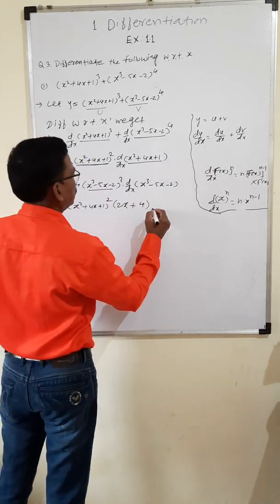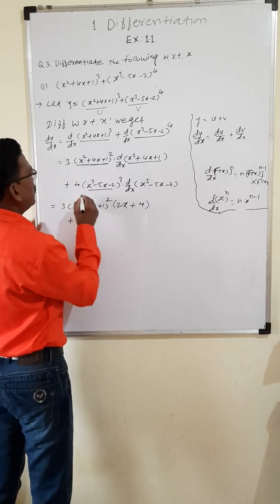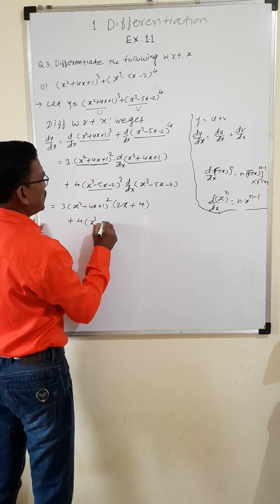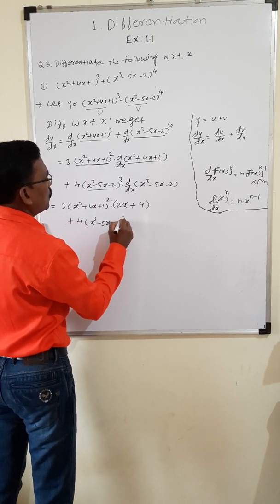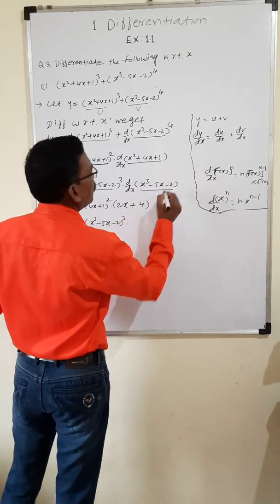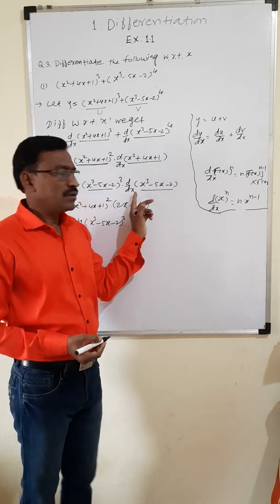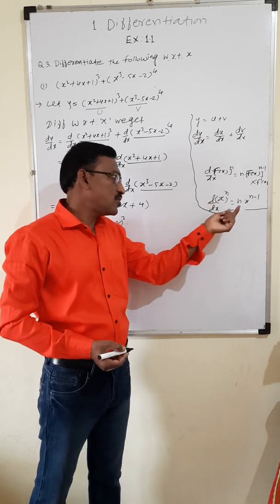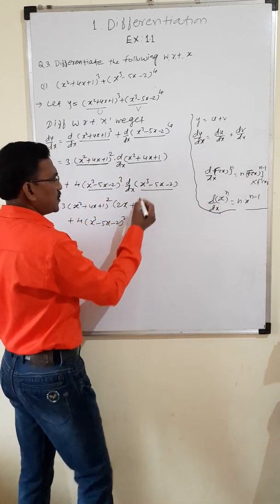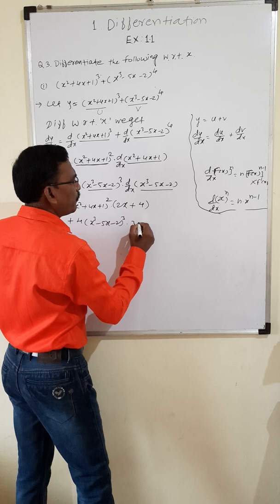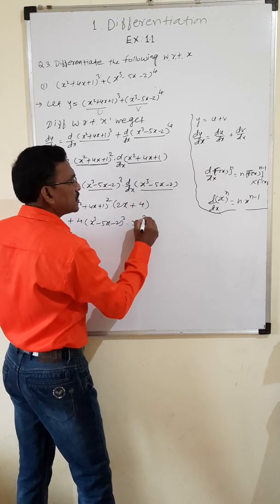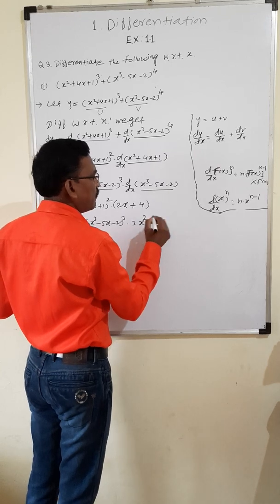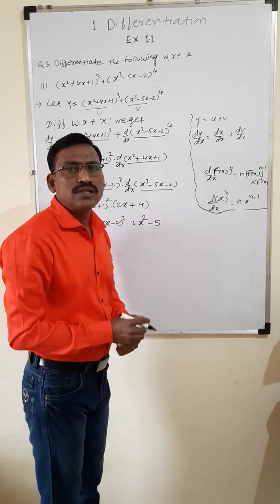Plus 4 into (x cube minus 5x minus 2) whole cube into the derivative again. This is of the type x raised to n, whose derivative is n into x raised to n minus 1, so its derivative is 3x to the power 3 minus 1, which is 2, minus derivative of 5x which is 5, and derivative of constant minus 2 is 0.